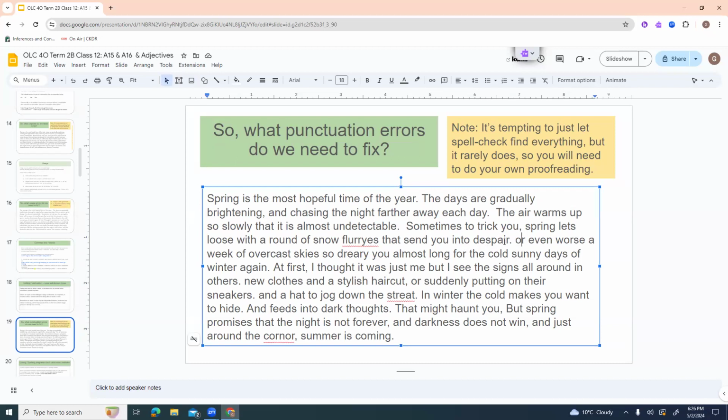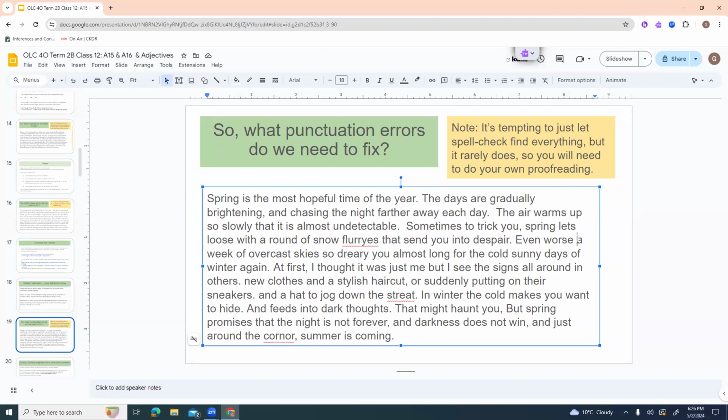I don't know. See, I want to put a capital letter there, or even worse, a week of overcast skies so dreary, comma, but I think it's kind of confusing. I'm going to fix the grammar for this, okay? Otherwise, I could do it, but it's a really long sentence. Even worse, a week of overcast skies.